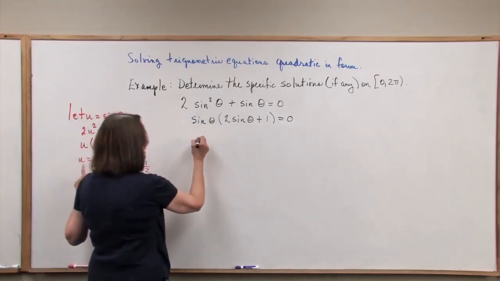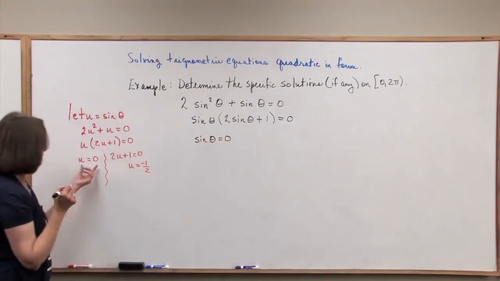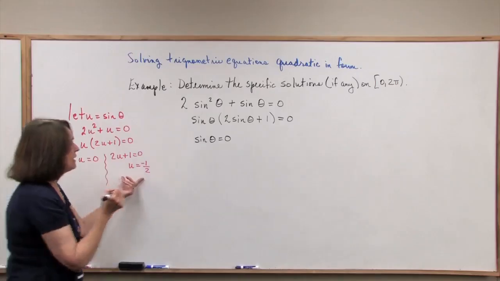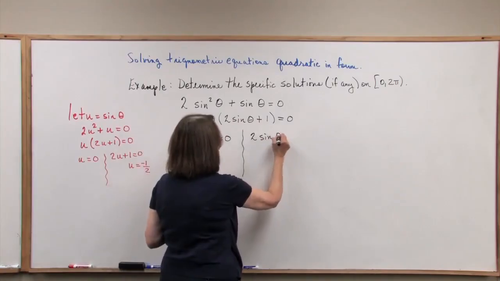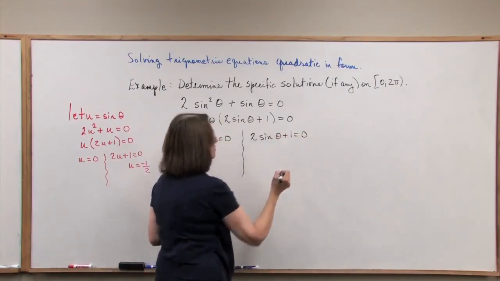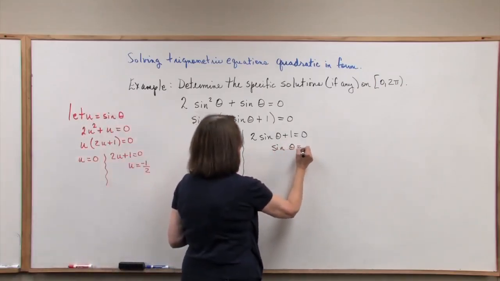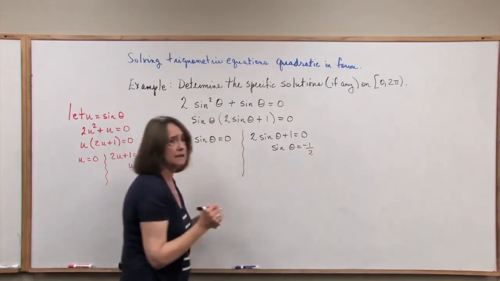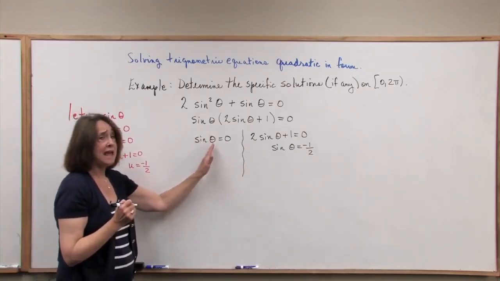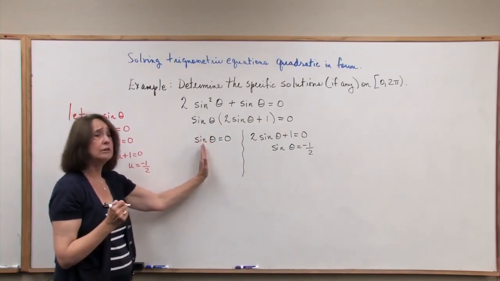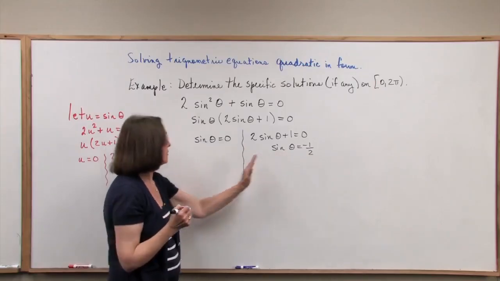For u equals 0, we have sine theta equals 0, like this factor, and then 2 sine theta plus 1 equals 0. Solving this one, sine theta equals negative 1/2. We have now two trig equations that are linear in form to solve and get solutions for.